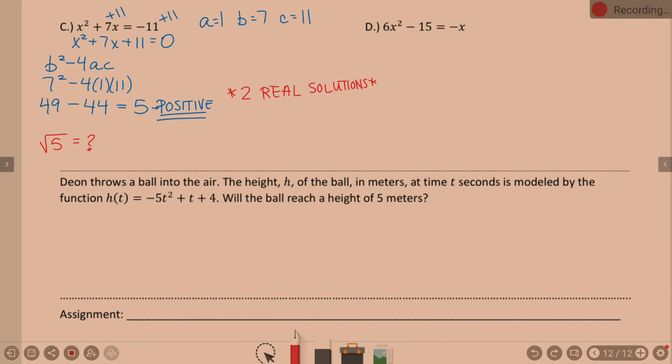If you don't know that square root, it's a big, long, messy decimal, isn't it? Okay? So, because I don't know what square root of 5 is, it is irrational. Or let me rephrase, I shouldn't say because I don't know what it is, because it's not a perfect square. Technically, there could be a perfect square, you just don't realize it. Okay? So this is going to be two real irrational solutions.